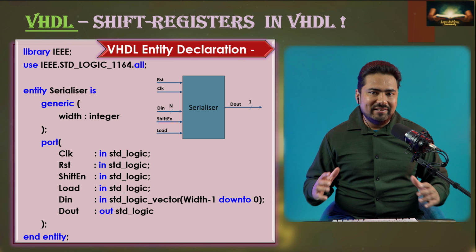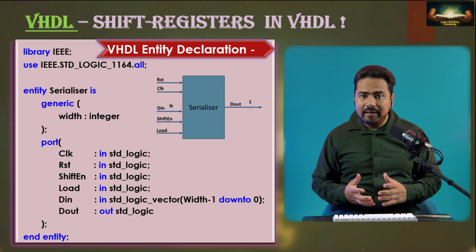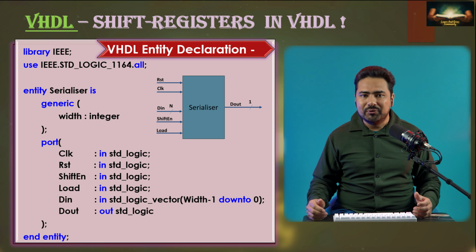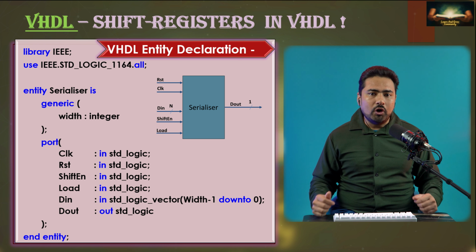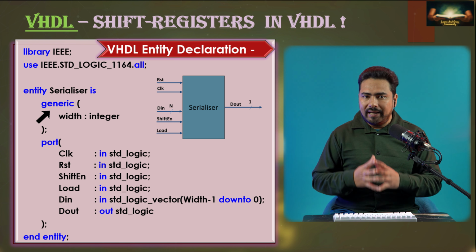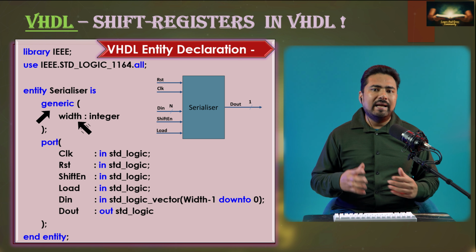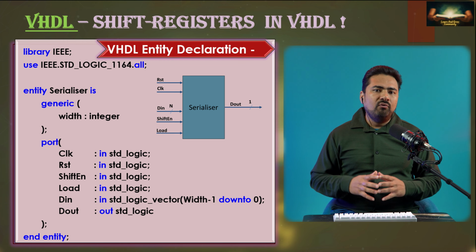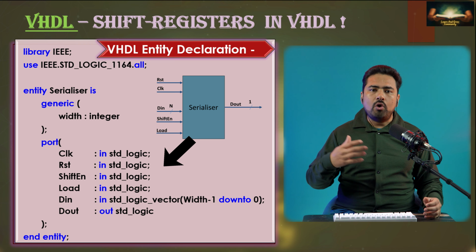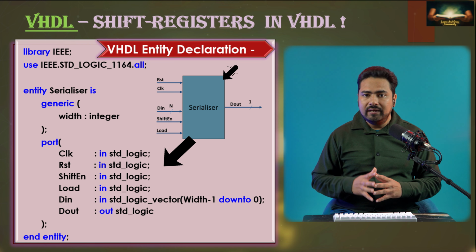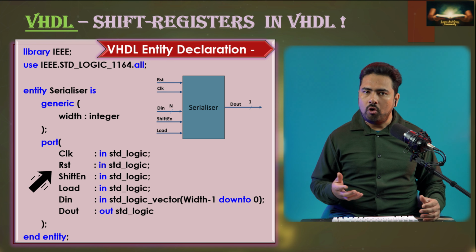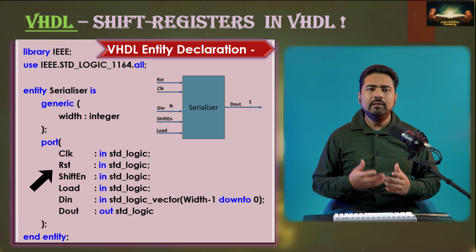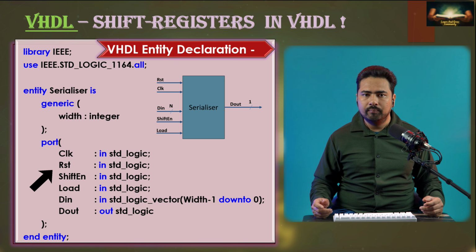This is very straightforward and we have explained it many times in previous videos, so I'm not explaining it again here. But in short, we have first defined a generic parameter named width, and then we defined all the input output ports of our module, which we have seen in the last slide. So we have input ports clock, reset, shift enable, load, and D in.